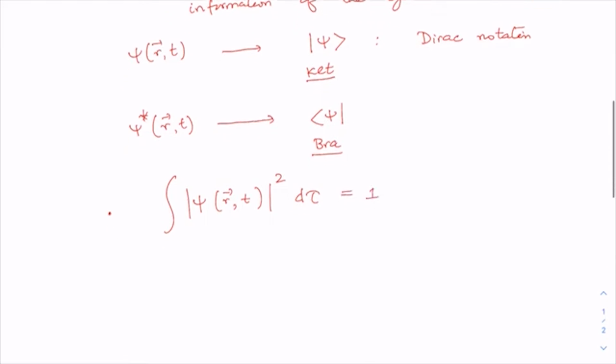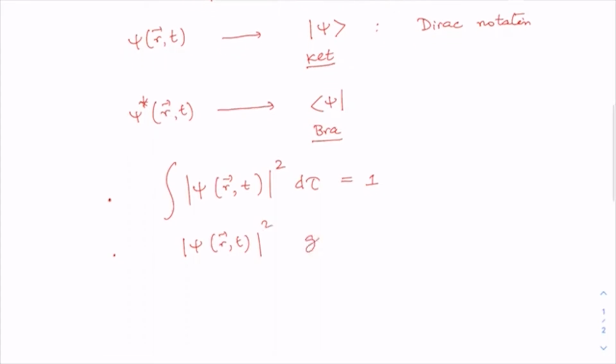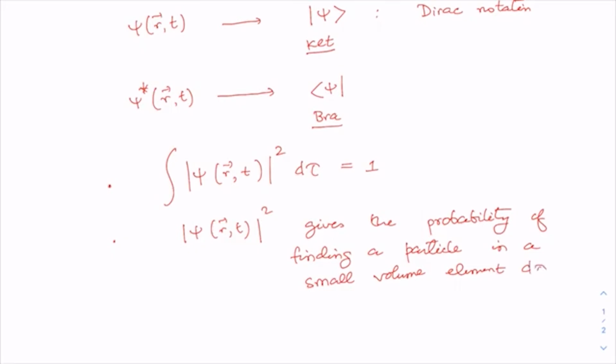Physically it means that the probability of finding the particle in the entire volume must be equal to unity, and this quantity, modulus squared of psi of r,t, gives the probability of finding a particle in a small volume element dτ.